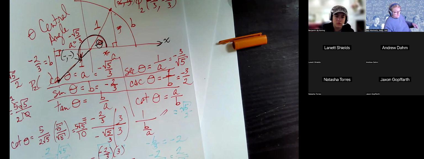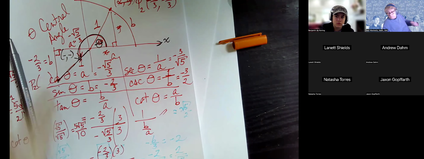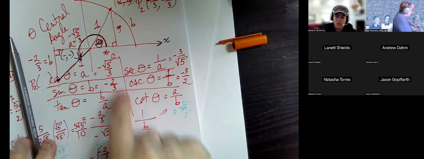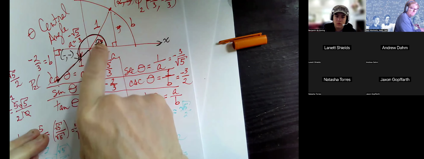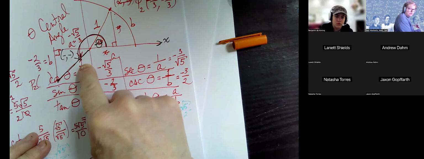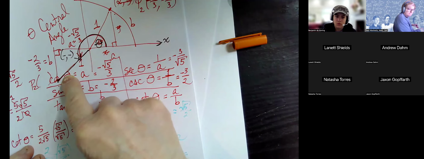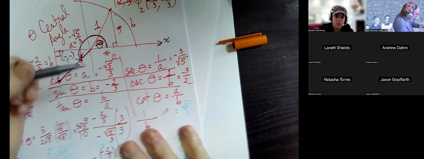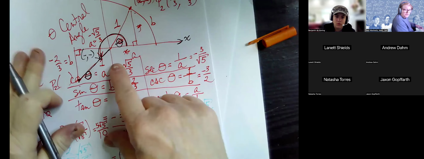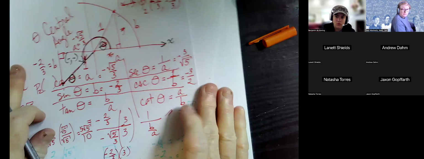So Ralph, is that a confusing question? You said if we had theta, right? You said we had all 6 functions? So if theta is this angle that starts at the positive x-axis and goes to the terminal side of the triangle, then the 6 trig functions of theta are the 6 values we just found.